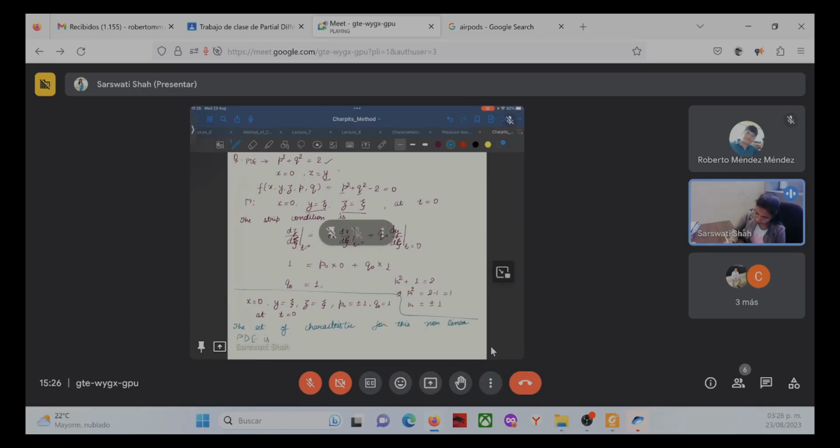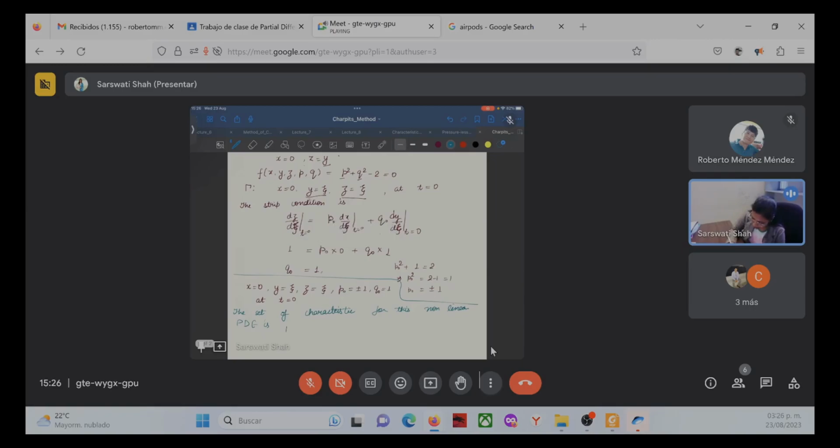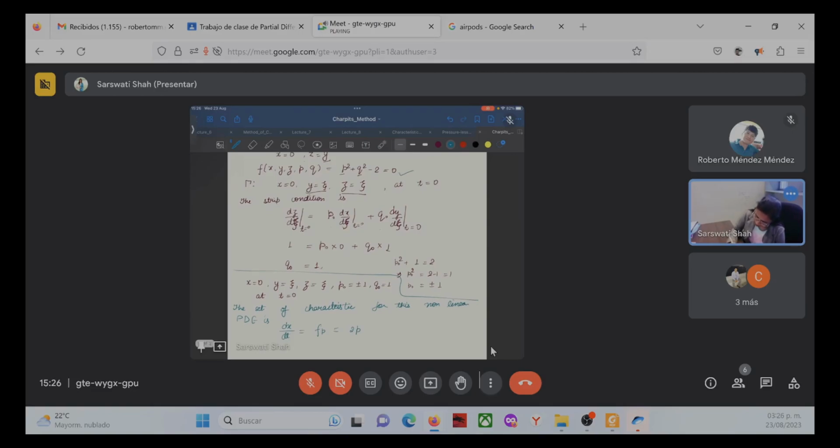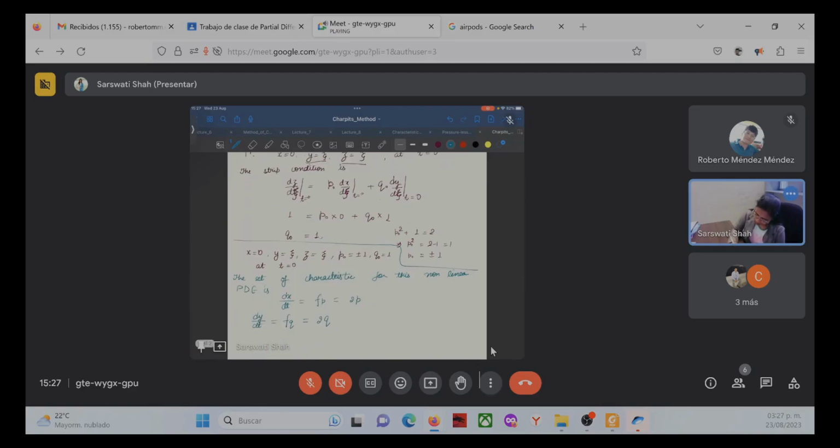Okay, so what we have: x equals 0, y equals xi, z equals xi, p naught equals plus minus 1, and q naught equals 1 at t equals 0. Now we know the set of characteristics for this fully nonlinear PDE.